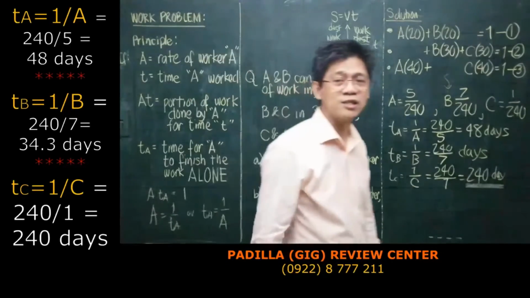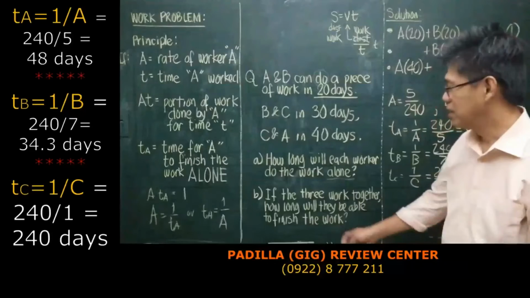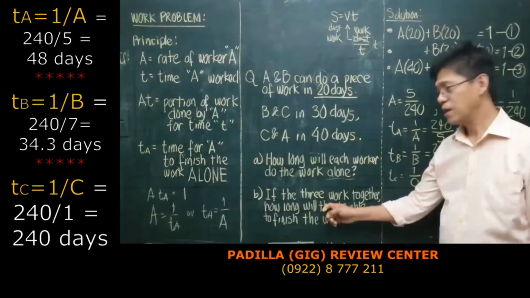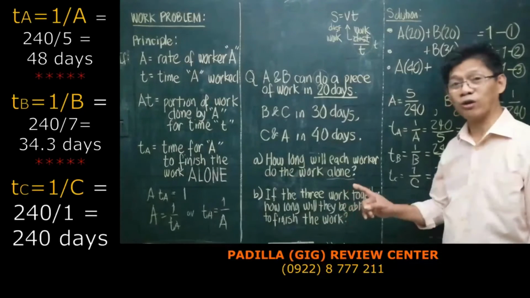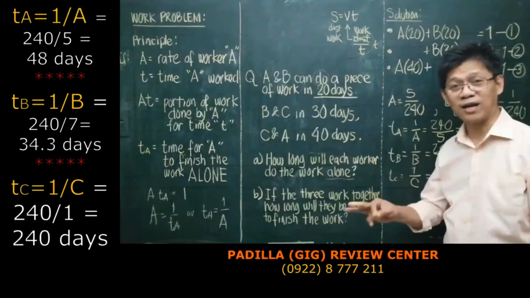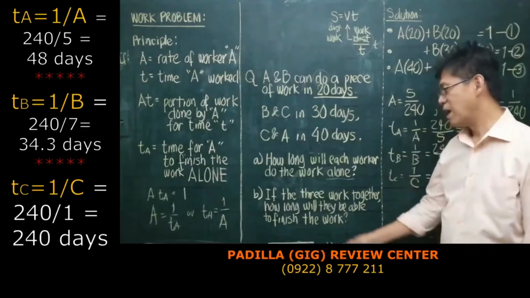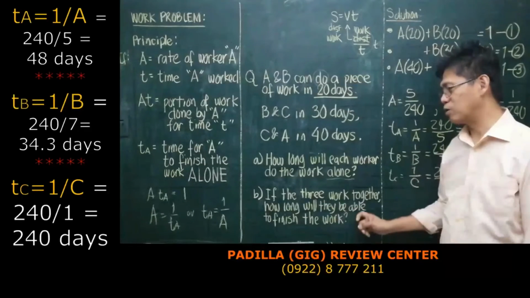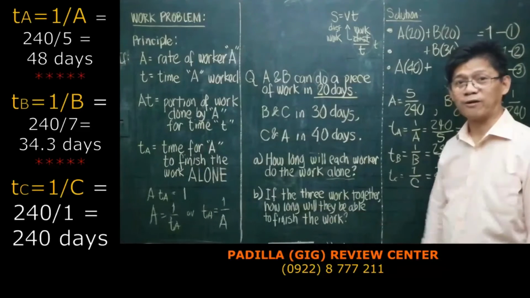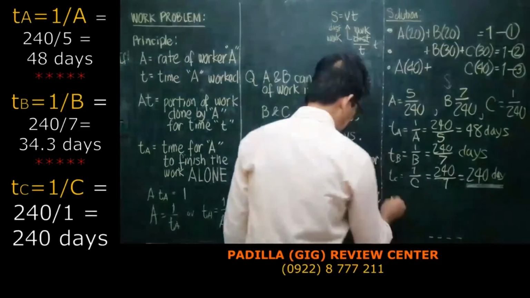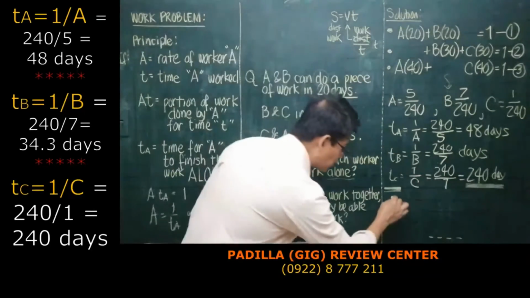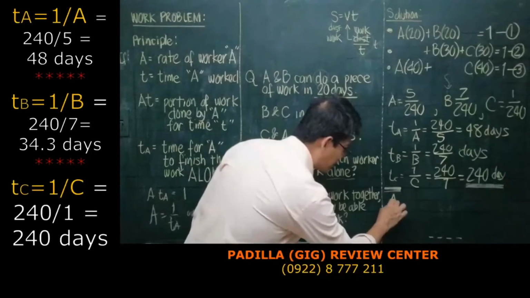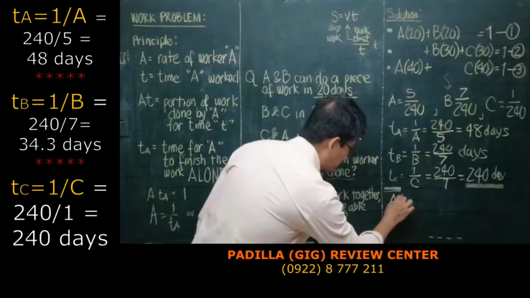So, for you to understand it better, let's have situation letter B. If the 3 workers work together, not just two, but all three, how long will they be able to finish the work? Okay. Now, in equation form, the contribution of worker A will be the rate of A times the time he worked.